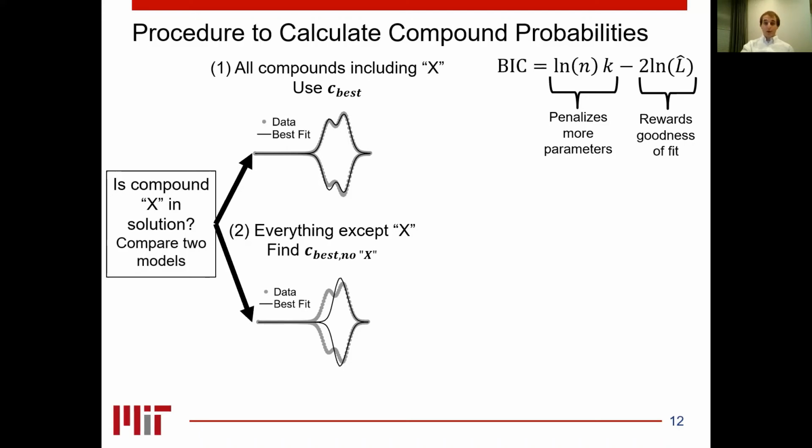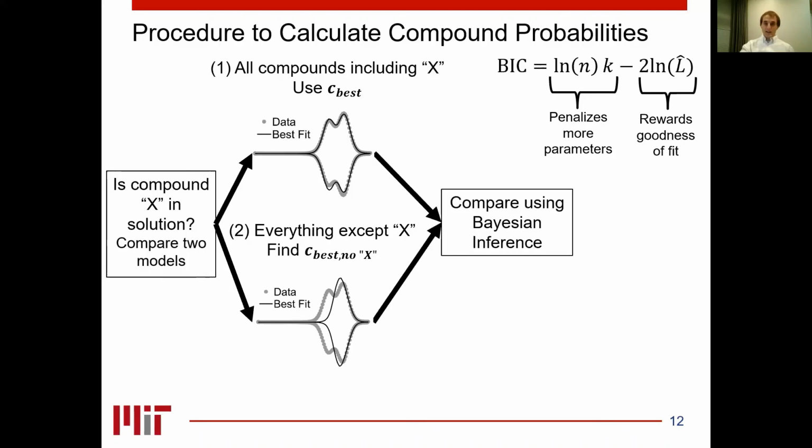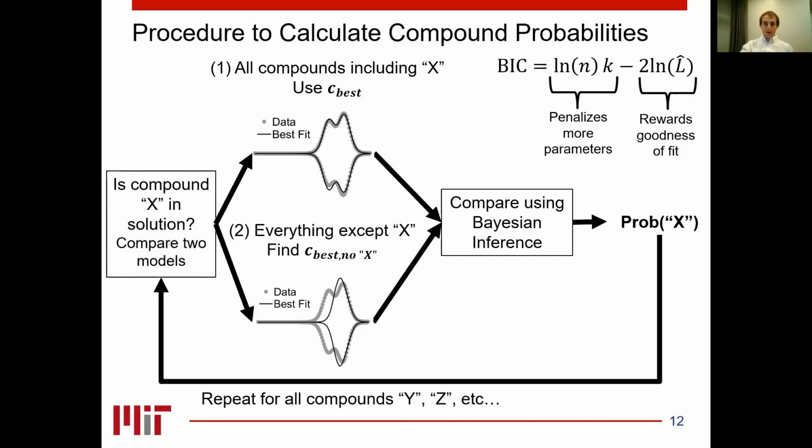And so the first model represents the notion that it is better to include compound X. The second says that it's better actually to not include compound X, that compound X is not in solution. The BIC is calculated for each of these values, and then Bayesian inference is performed using Bayes' rule to assign a probability of compound X being in solution.